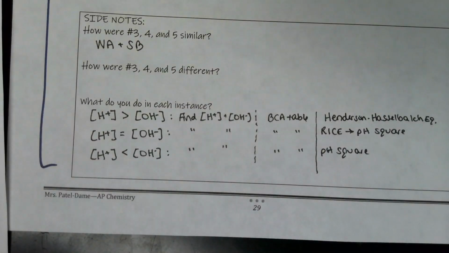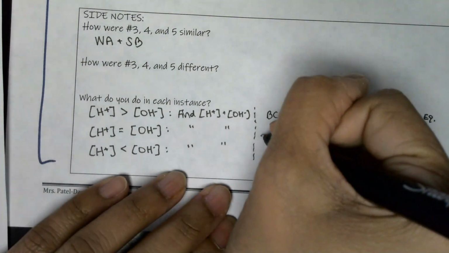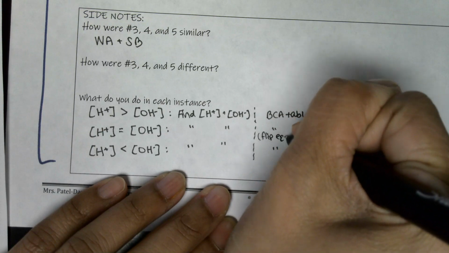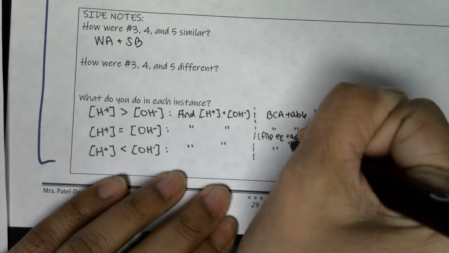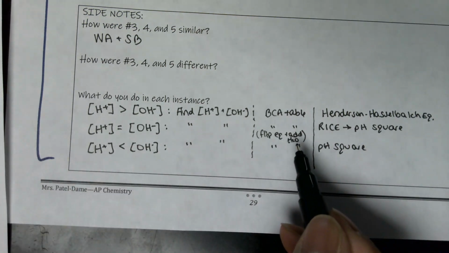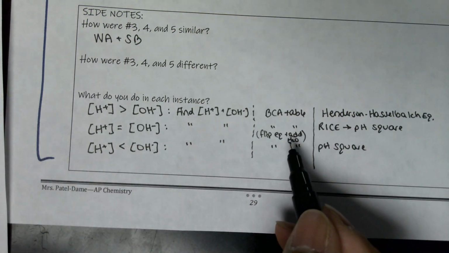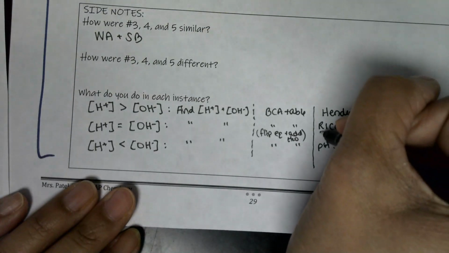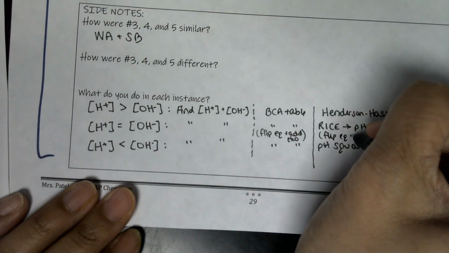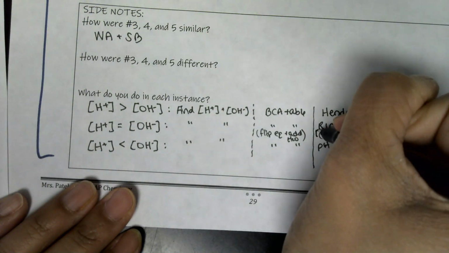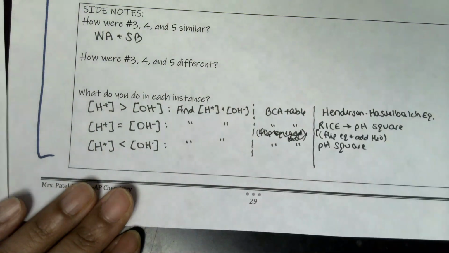So that's how I did my BCA table. I did flip the equation and add water for this one. I'm sorry, that was for my Rice table. Flip the equation and add H2O for the Rice table, not for the BCA table.